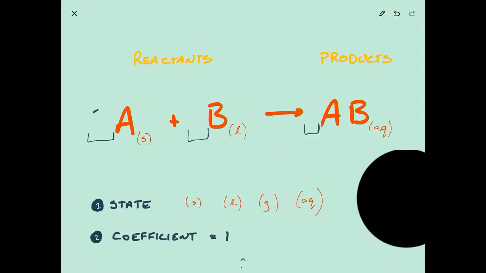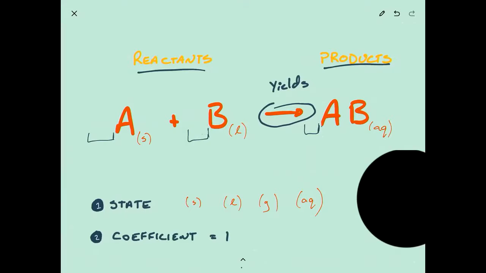Now, we're going to talk about why this is important when we start balancing equations a couple videos from now. It's sort of like the last big important thing that we need to do when it comes to our chemical formulas for the purposes of this class. So you need to have your reactants on one side, your products on the other side, not an equal sign, but a yields arrow.